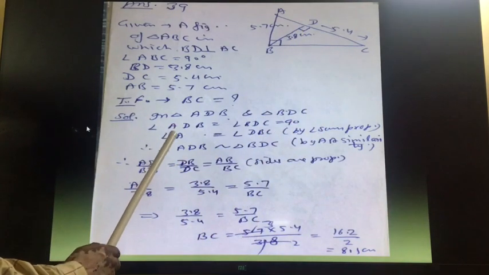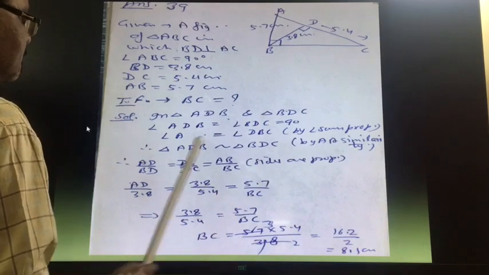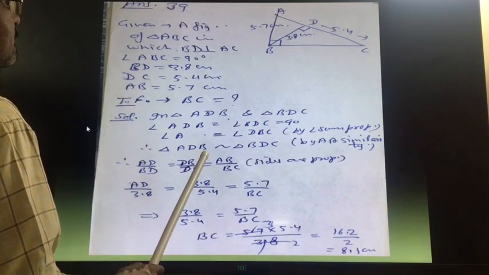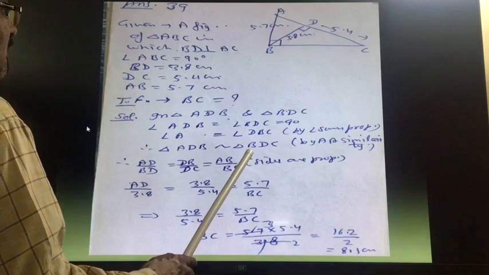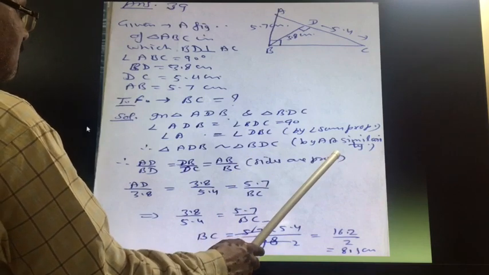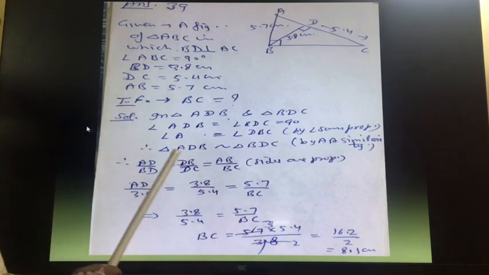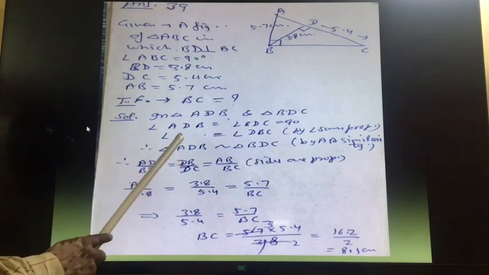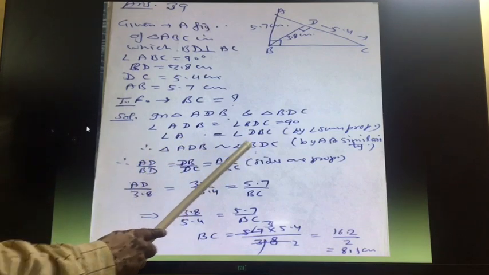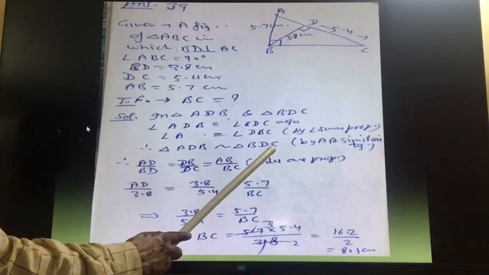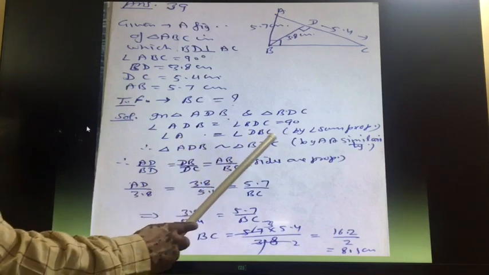And because two angles are equal, then triangles are similar. So triangle ADB will be similar to triangle BDC by angle similarity, and if triangles are similar, then sides are proportional. So AD upon BD is equal to DB upon DC is equal to AB upon BC.